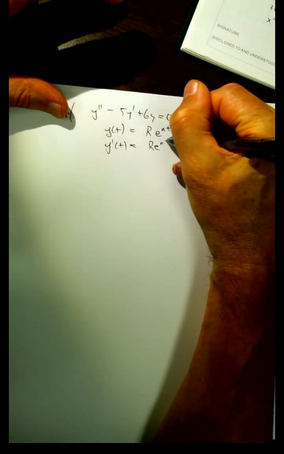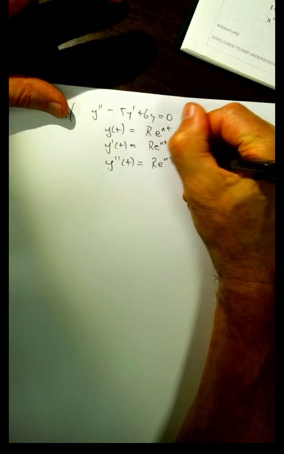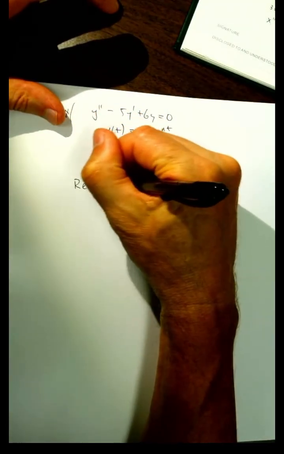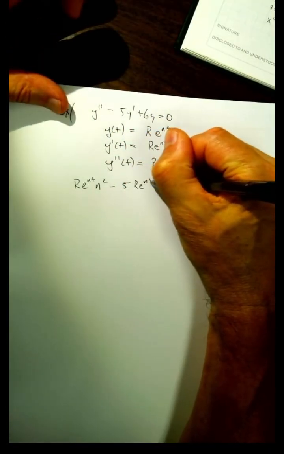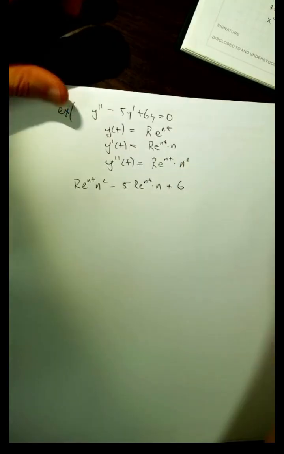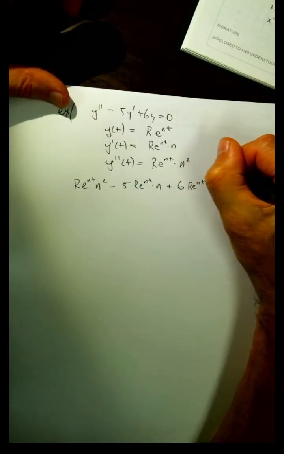I'm going to take derivatives. First derivative is r e to the nt times n. Second derivative is r e to the nt times n squared. Plug it back into the original equation. Second derivative is r e to the nt times n squared minus 5 times the first derivative, which is r e to the nt times n, plus 6 times the function, which is r e to the nt, set it equal to 0.